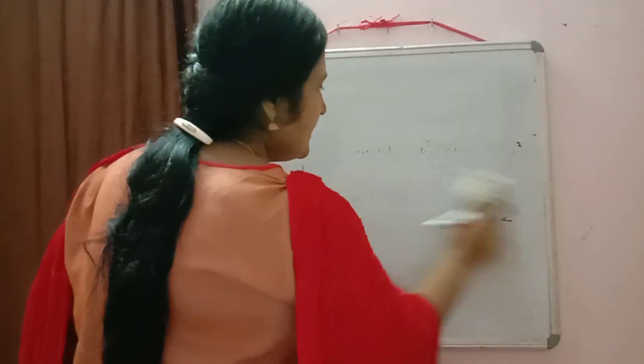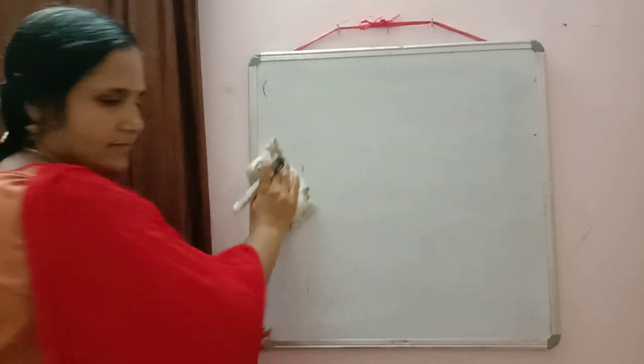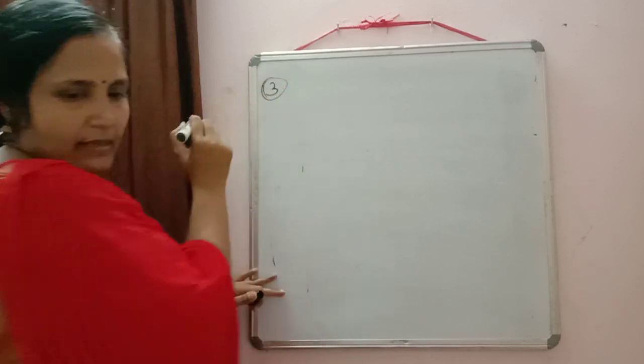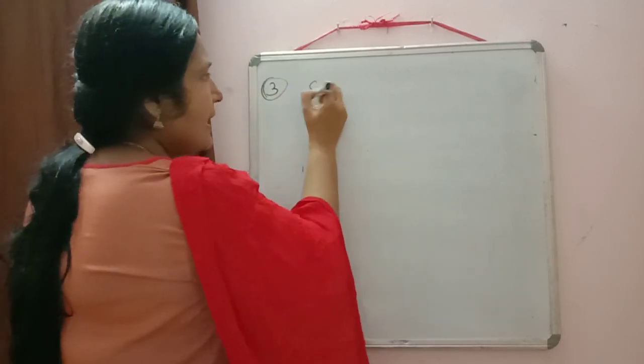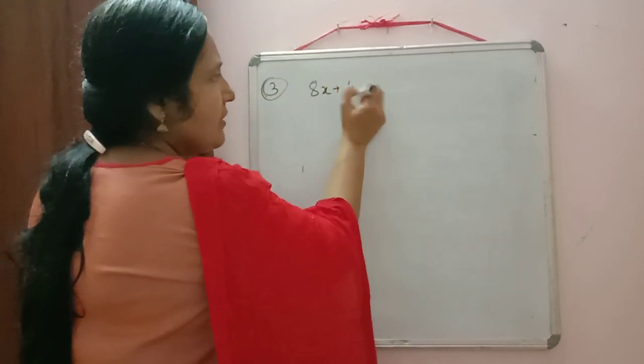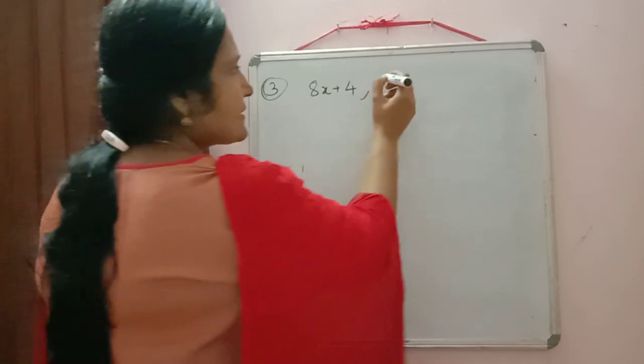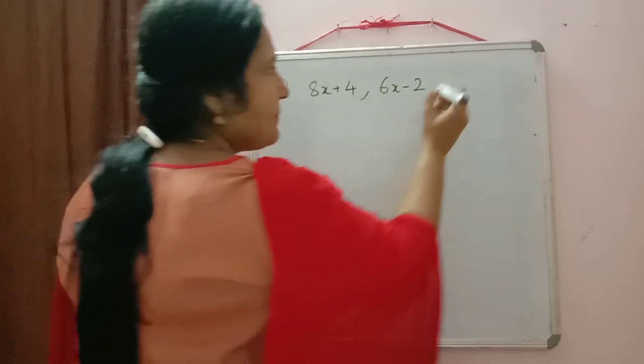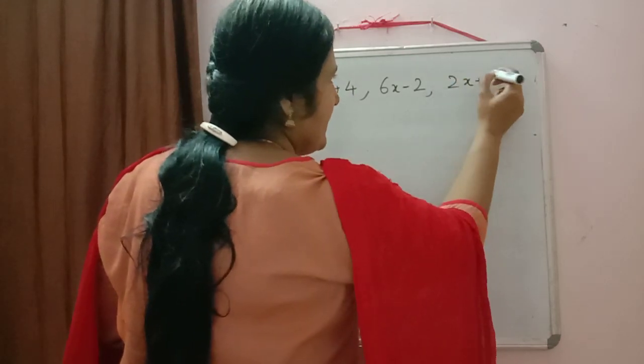Question number 3 is, find x if 8x plus 4, comma 6x minus 2 and 2x plus 7 are in AP.